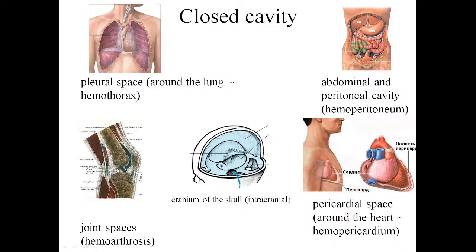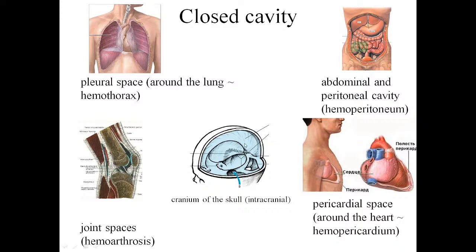In the third picture, you can see the joint space. If your patient has bleeding inside the joint space, it is called hemarthrosis, and this joint space is also not connected with the environment. Next, the cranium of the skull and the intracranial space.